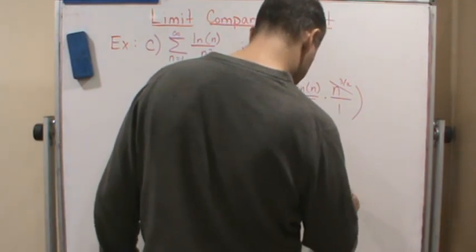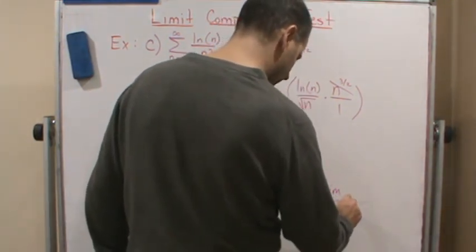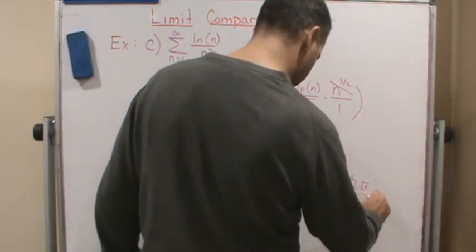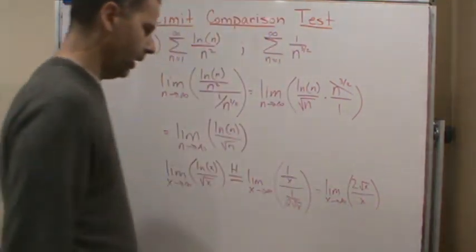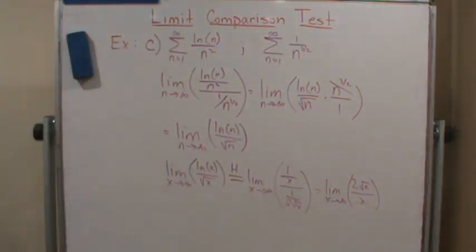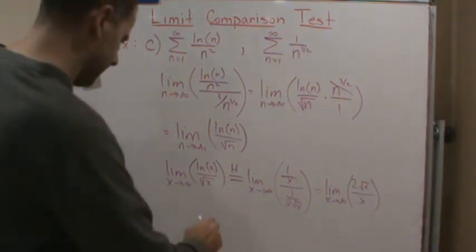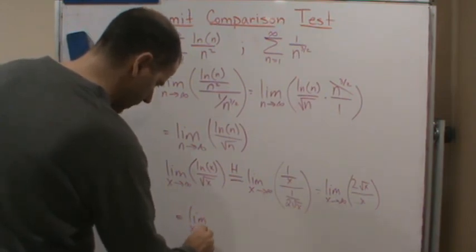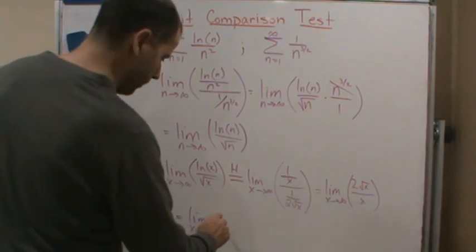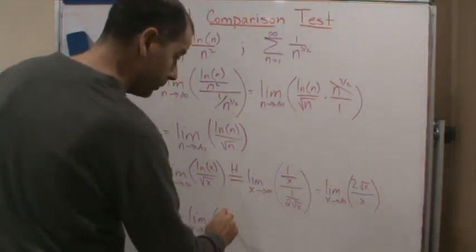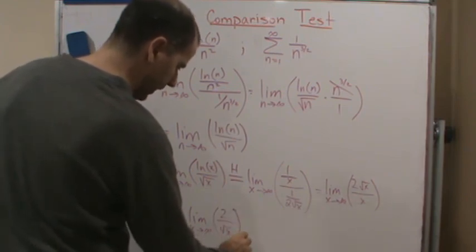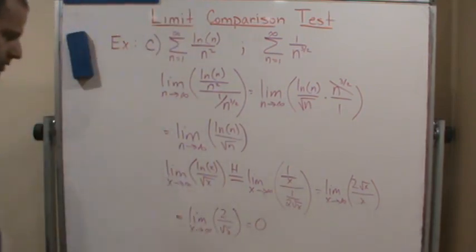The limit as x approaches infinity, and this is going to be 2 square root of x over x, right? And so now we can cancel those x's, because then this is going to become the limit as x approaches infinity of 2 over the square root of x, which goes to 0.